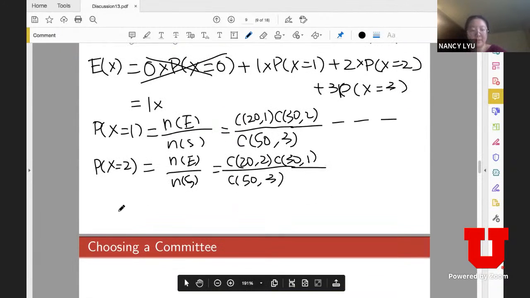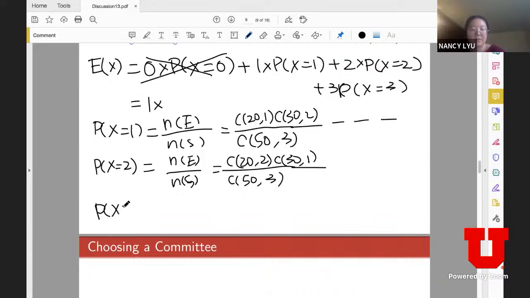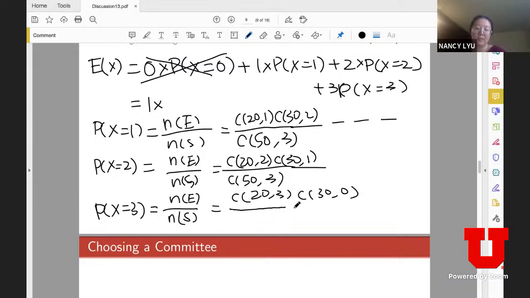And for X equals 3, you will have a similar one, which is 20 choose 3, and this will just be 30 choose 0, which is 1, over 50 choose 3.